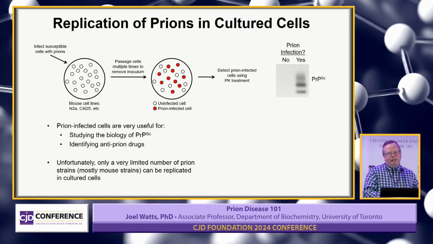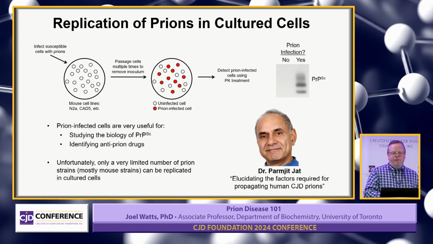This ability to propagate prions in cells has really facilitated our understanding of the biology of PrPSC and allowed us to identify drugs that are good at inhibiting mouse prions. Unfortunately, replicating prions from other species, including humans, in cultured cells has proven to be much, much more difficult than we had hoped. This is one of the major limitations, I think, that is hindering us from having a therapeutic for prion disease.